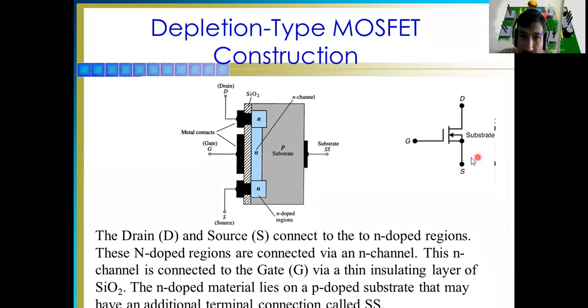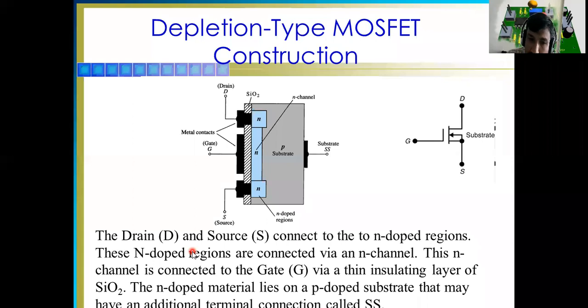Okay, so this is the symbol of the MOSFET. See, one more substrate is added here, right? So the drain and source are connected to the n-doped regions, and the n-doped regions are connected via an n channel, right?